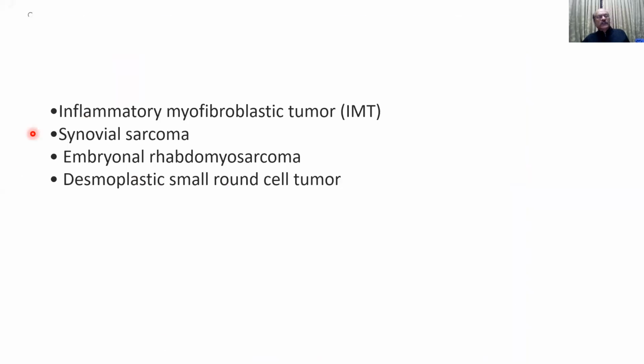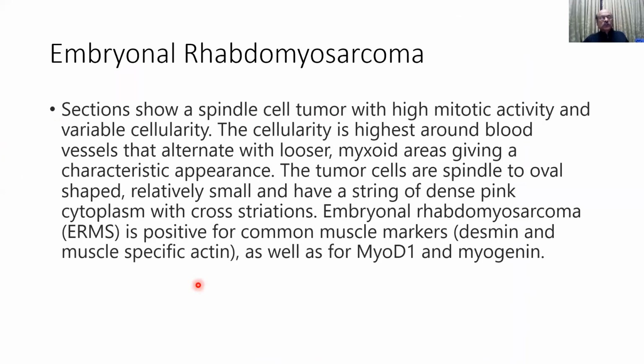So the differential diagnoses are inflammatory myofibroblastic tumor, synovial sarcoma, embryonal rhabdomyosarcoma, and desmoplastic small round cell tumor. At this location, embryonal rhabdomyosarcoma is the commonest, and also this tumor shows myogenin and MyoD1 positive. So it is embryonal rhabdomyosarcoma.